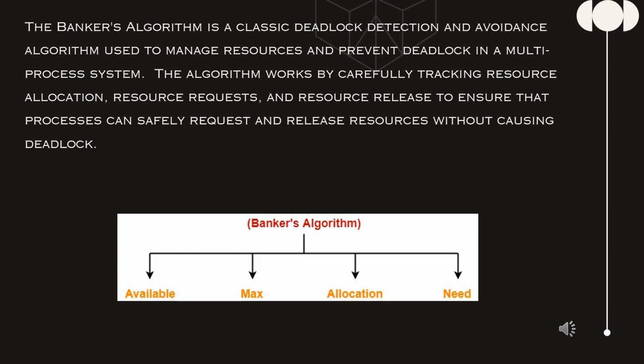The algorithm works by carefully tracking resource allocation, resource requests, and resource release to ensure that processes can safely request and release resources without causing deadlock. As we have discussed, the Banker's algorithm has available, maximum, allocation, and need.